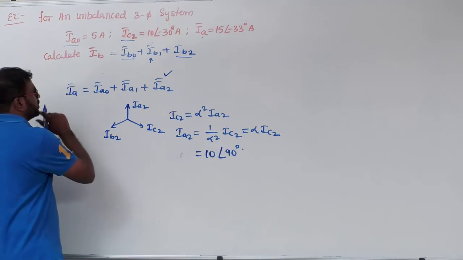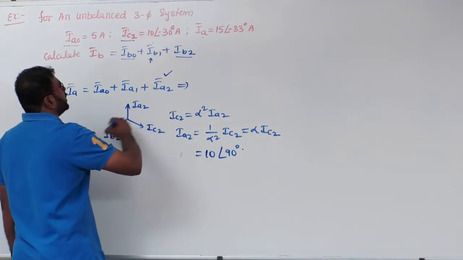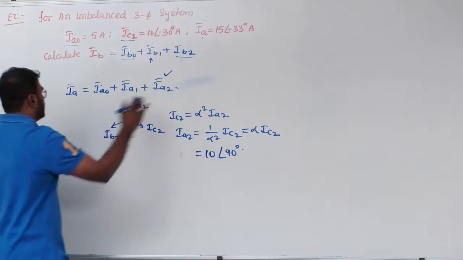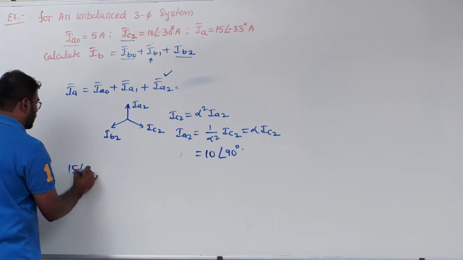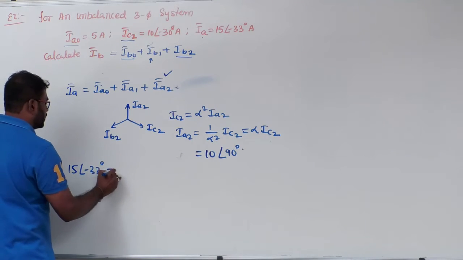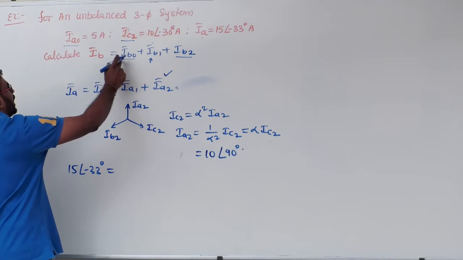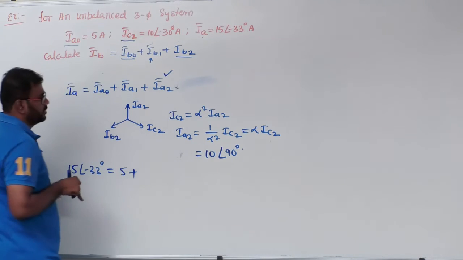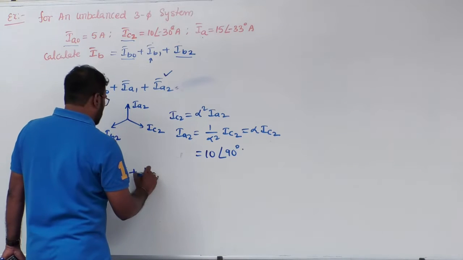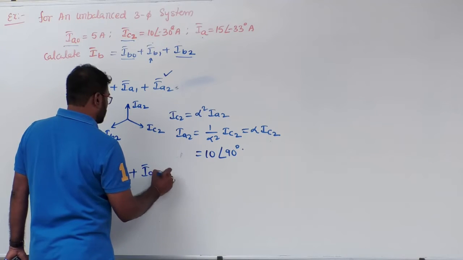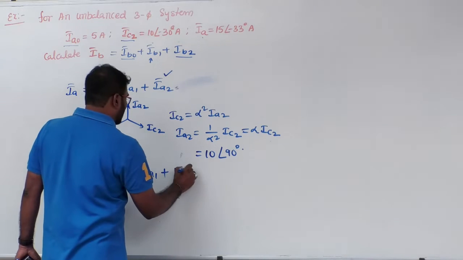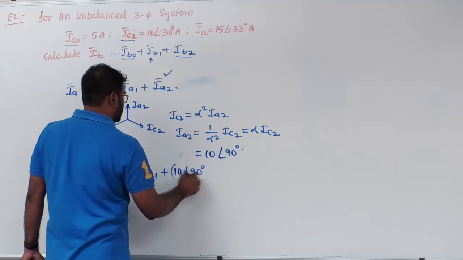Have a look, sir. IA is 15 at an angle minus 33 degrees. That is equal to IA0, which is 5 ampere, plus IA1 that we need to calculate, plus IA2, which is 10 at an angle 90 degrees.